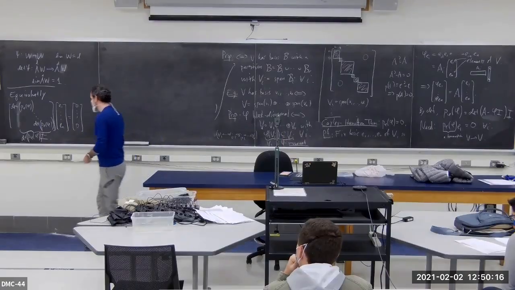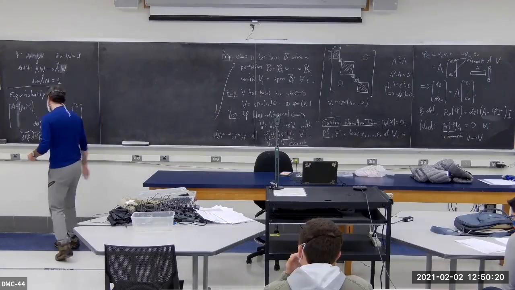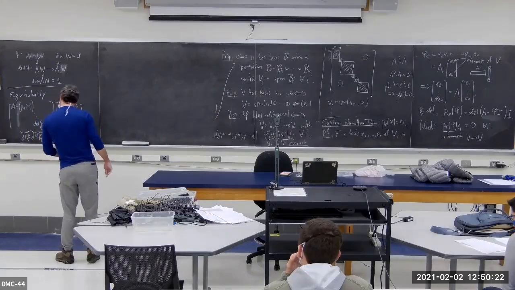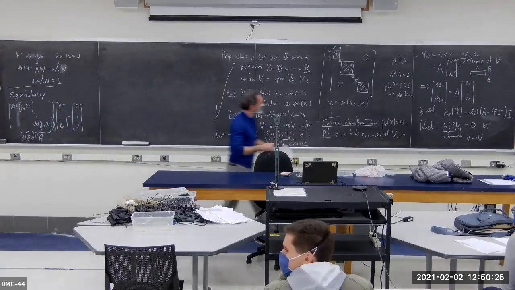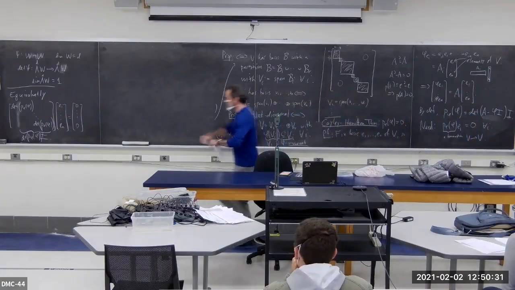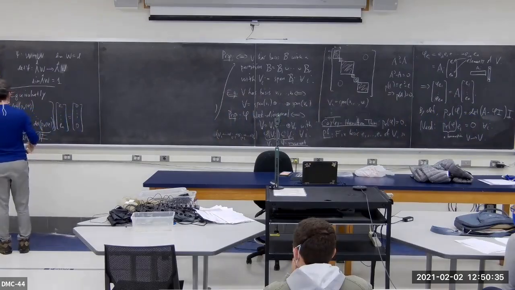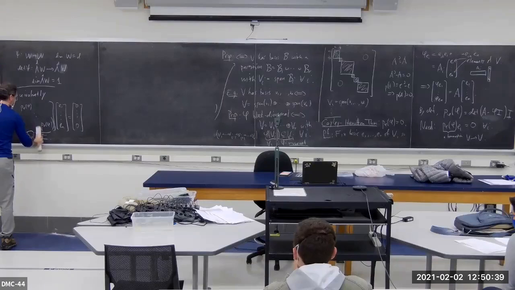Now, what is P phi of phi? What is det P phi of phi? Wait a minute. P phi of phi. You need that of A. No, I think this is actually right as stated. I actually do want P phi of phi.